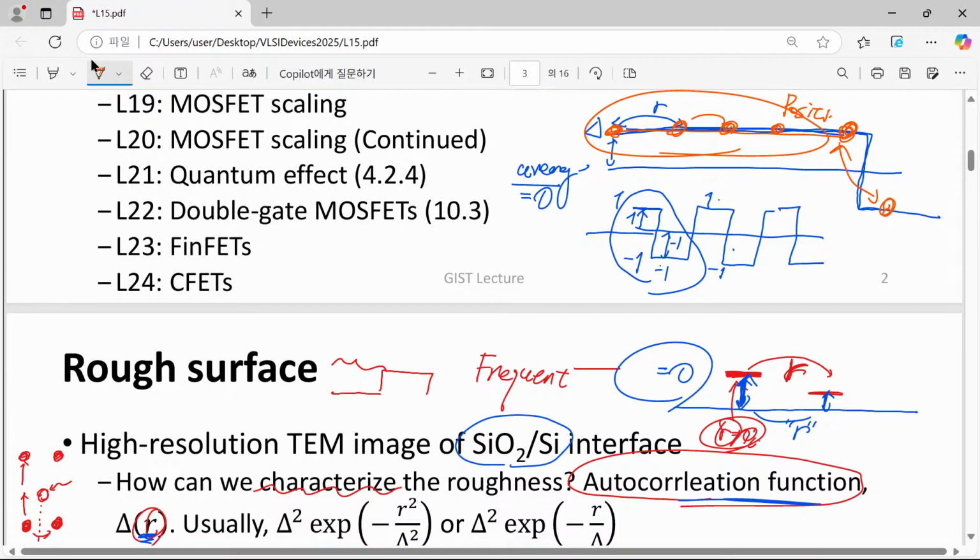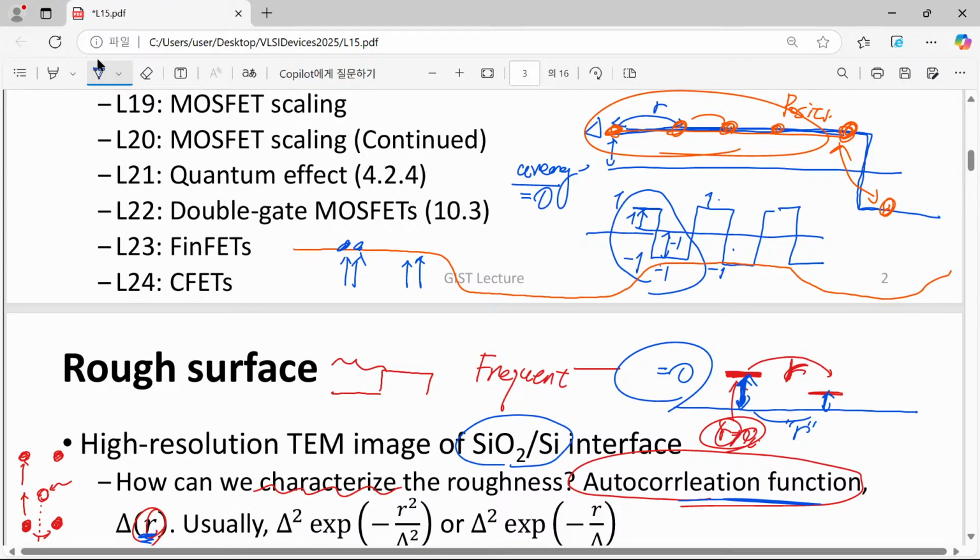So simply speaking, let's assume a certain characteristic length. This is the shape of our roughness, and if we take quite a short distance r, and take the difference only over this short distance, then the autocorrelation function will give quite a high value, because these two values are the same, and we just have the square of the surface roughness.